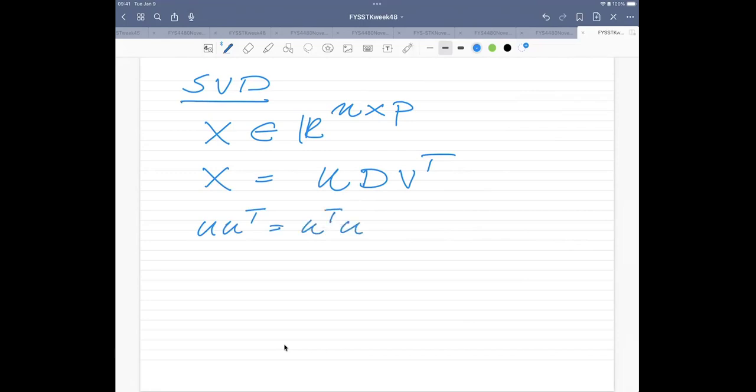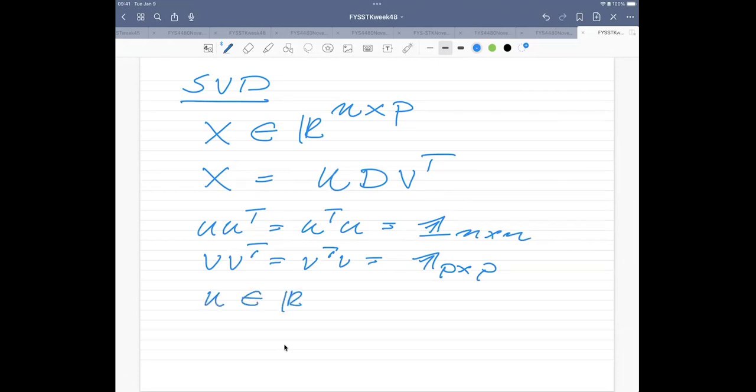And we know that V times V transposed is equal to V transposed times V. That's the identity of dimension P times P. U is a matrix of dimension n times n.